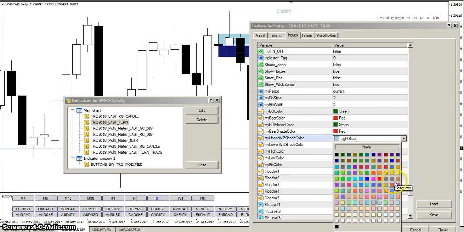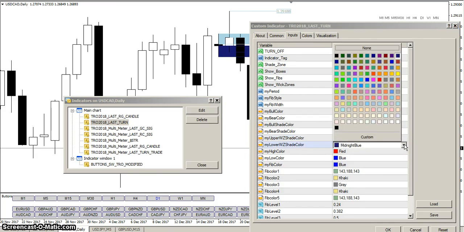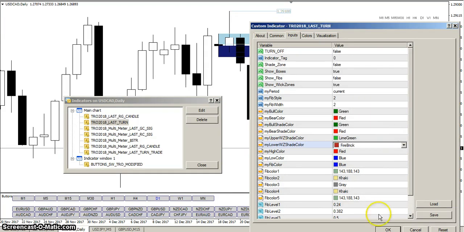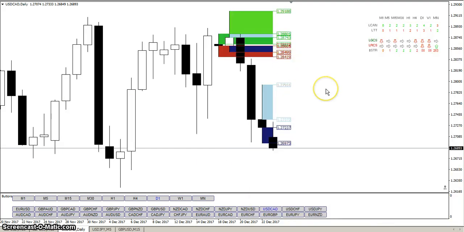Upper shade, lime green, and the lower shade, fire brick. And so now you can get to see the difference. So it can get pretty messy when you do that, but it is possible.